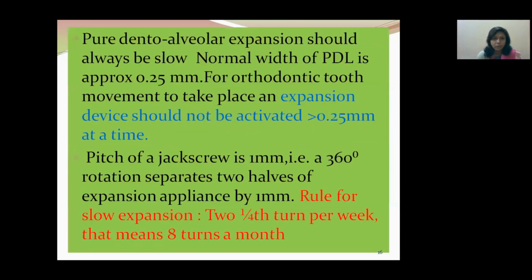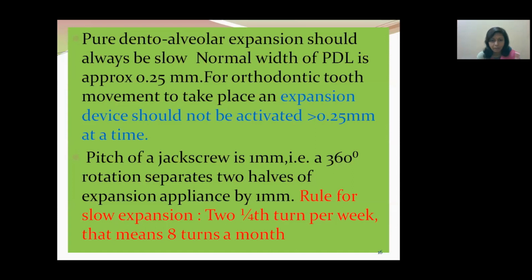And this should always be slow because the normal width of the PDL is approximately 0.25 millimeter. For orthodontic tooth movement to take place, an expansion device should not be activated more than 0.25 millimeter at a time.